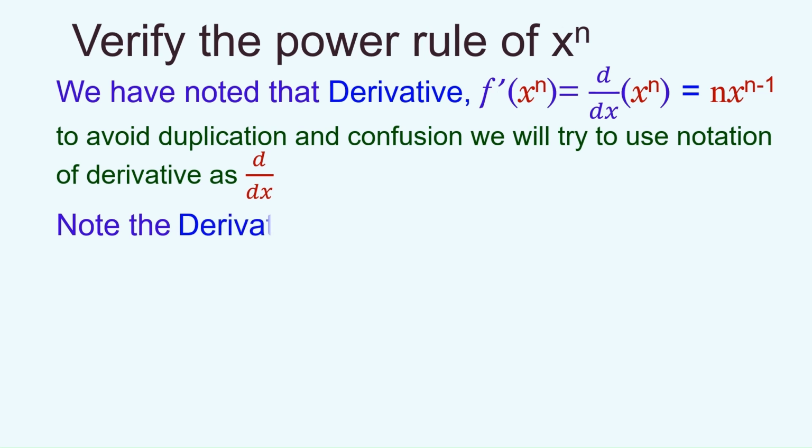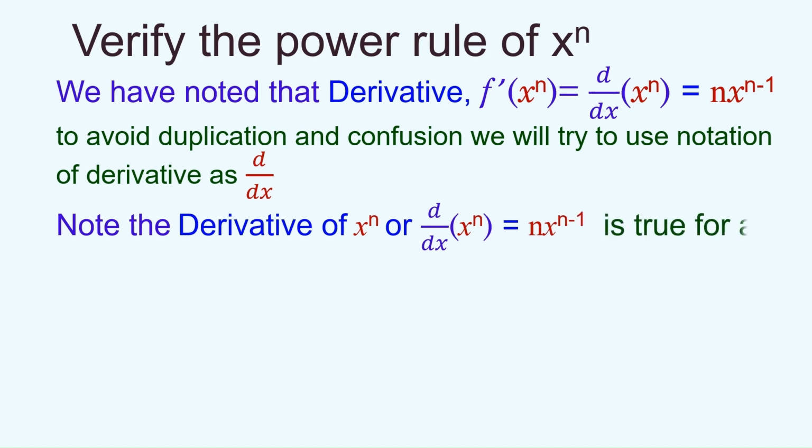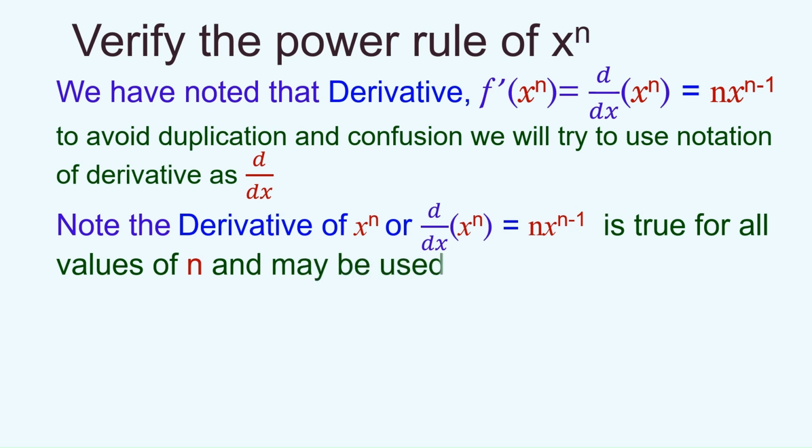Note the derivative of x to the power of n equals n times x to the power of n minus 1 is true for all values of n, and may be used as a general rule. Let's check it.